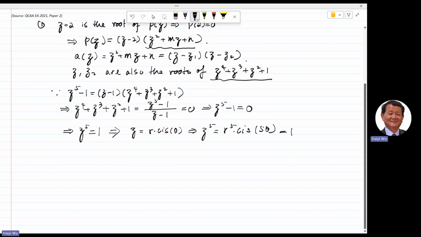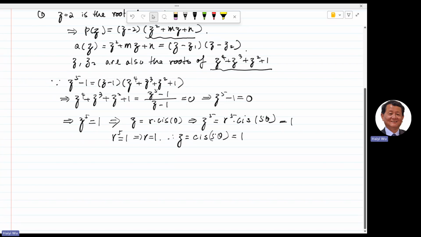Because it's equal to 1, the magnitude r to the power 5 must be equal to 1, so r should be 1, the magnitude of the complex number is 1. So z should be cis theta, and cis 5 theta equals 1.